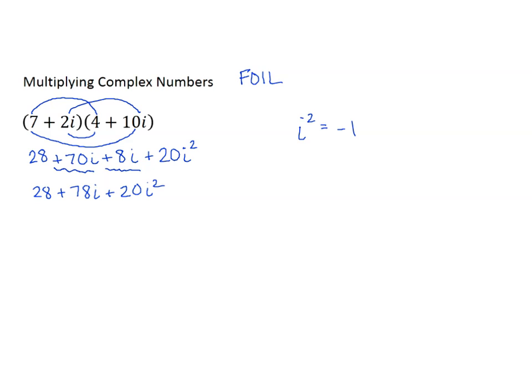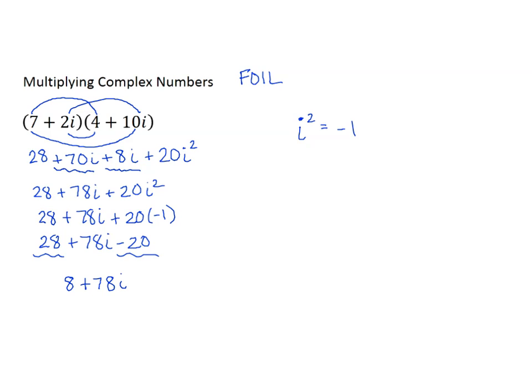So anytime we see i squared, we can replace it with a negative 1. So that will give us 28 plus 78i plus 20 times negative 1. And then that will give us 28 plus 78i minus 20. And then we have like terms again. 28 minus 20 will give us 8 plus 78i. And that would be our final answer.